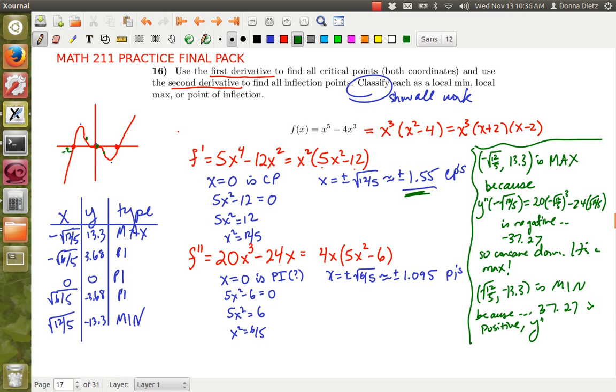Y double prime positive means concave up. Okay, so we've now justified the max and the min. We now have to justify the points of inflection. And let's see. So the deal with the point of inflection is if you have a change in concavity.